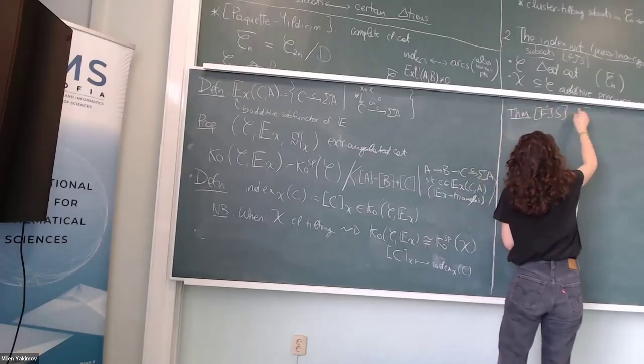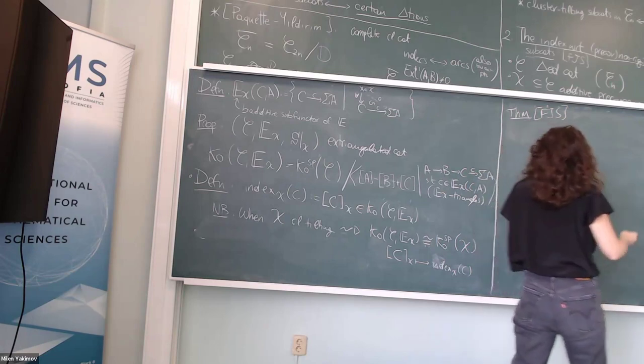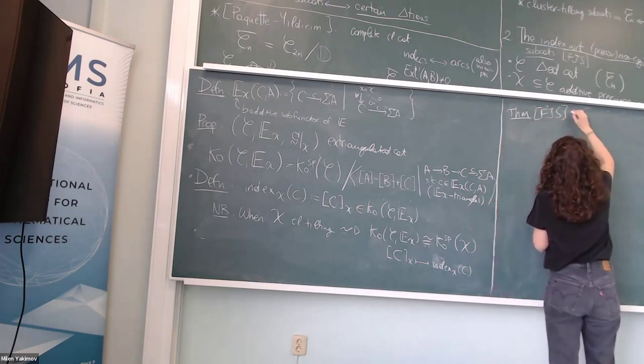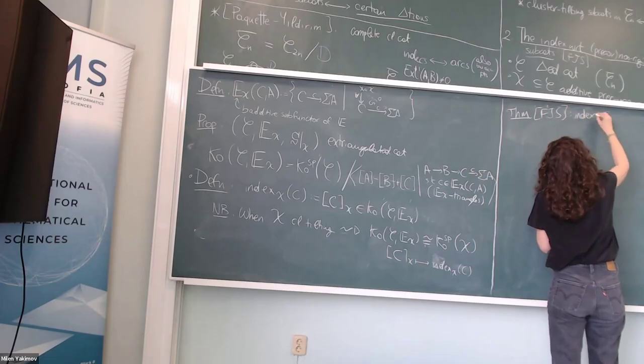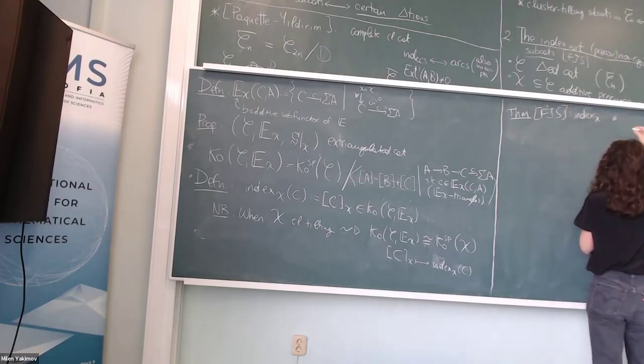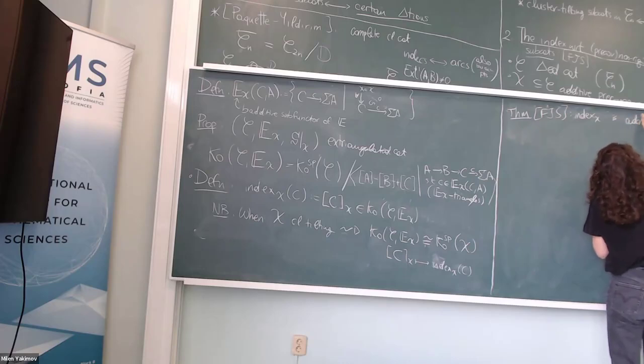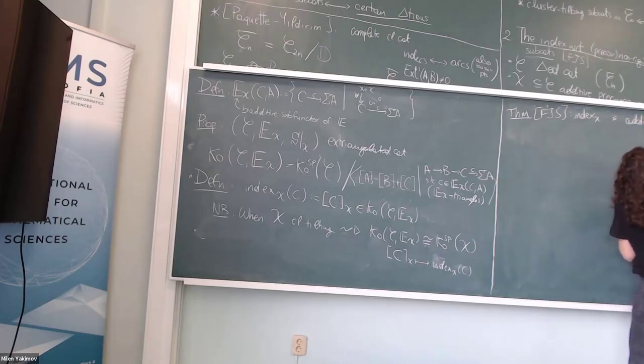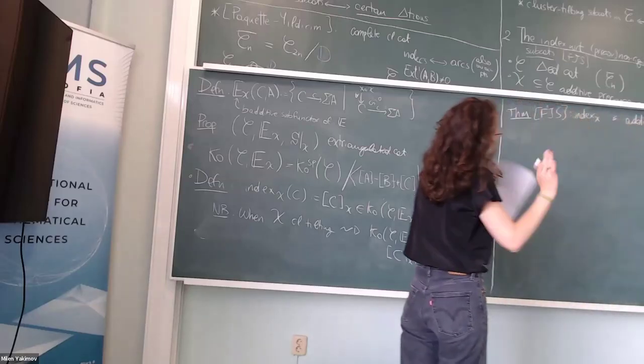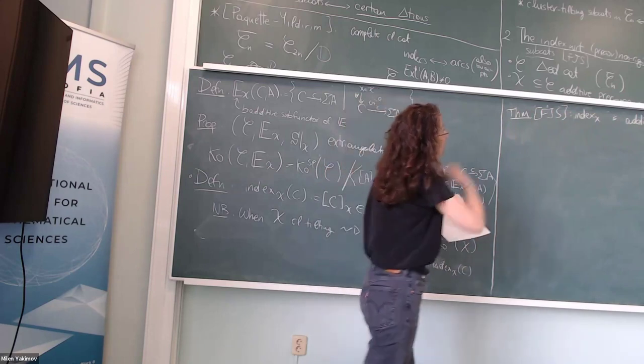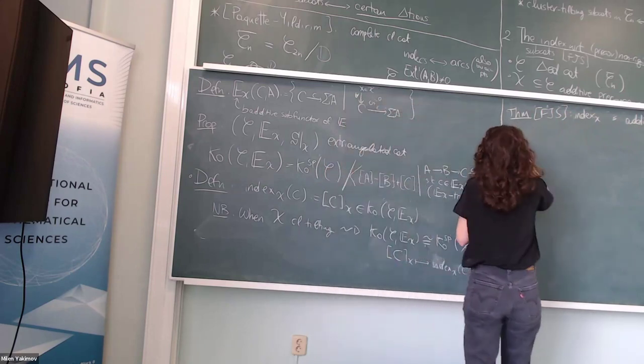But then in the Hom-finite category, it becomes even nicer. Our index is still additive on triangles of C up to an error term. I'm not going to go into detail about what this error term is. It's a bit complicated, but the important thing is that we can compute it.